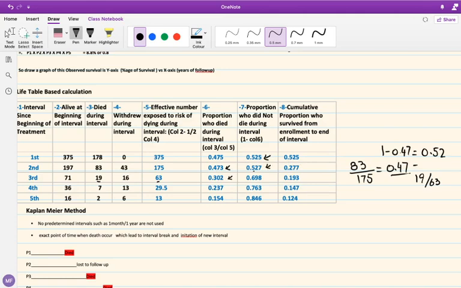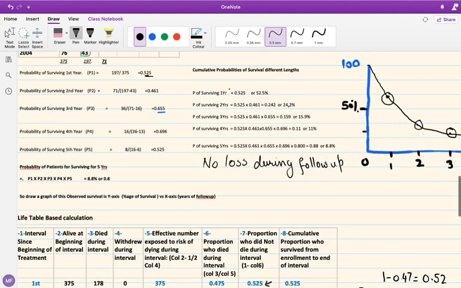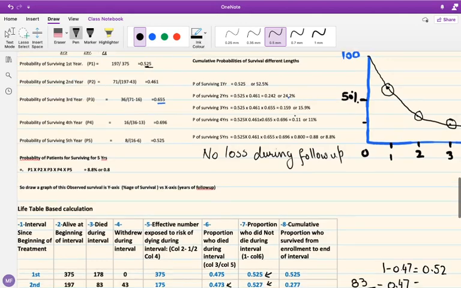Similarly, the next points over here are also the values obtained over here: 0.52, 0.68, 0.76 and 0.84. Now this is the proportion of people who did not die during the first year, and this is the proportion of individuals who don't die in the second year. But as we have stated earlier, for cumulative probability values we do a multiplication of these observations.